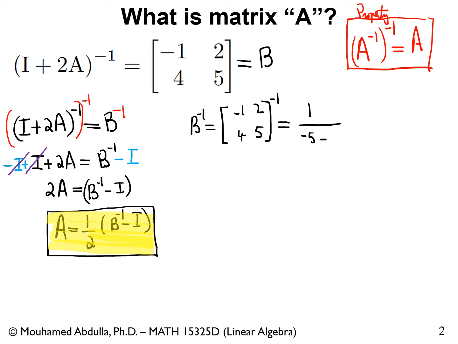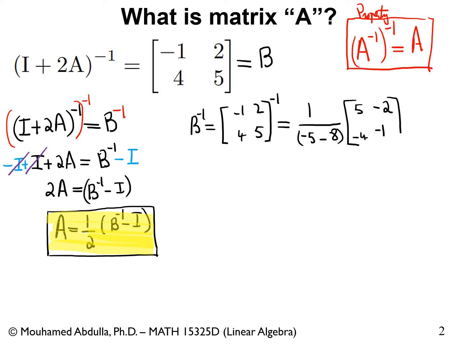Minus 2 times 4, well, this is 8. And then I have my matrix. I change the order between 5 and minus 1. So 5 goes on top, minus 1 in the bottom right side of the matrix. The 2 becomes a minus 2. The 4 becomes a minus 4.